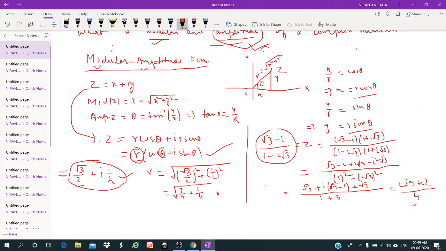If we add, this is 4/4, the root of 1, which is 1.